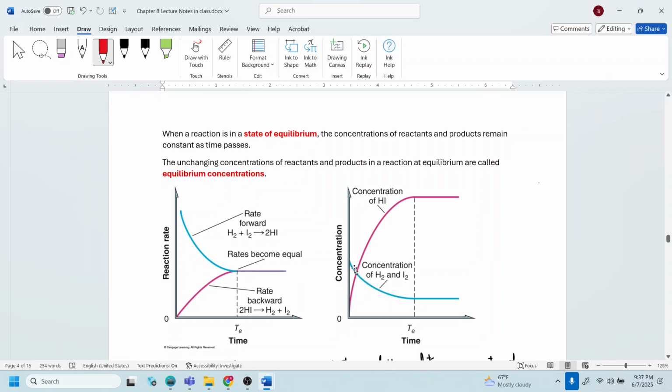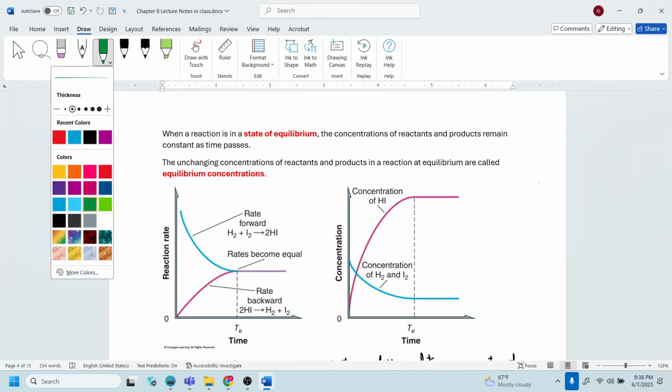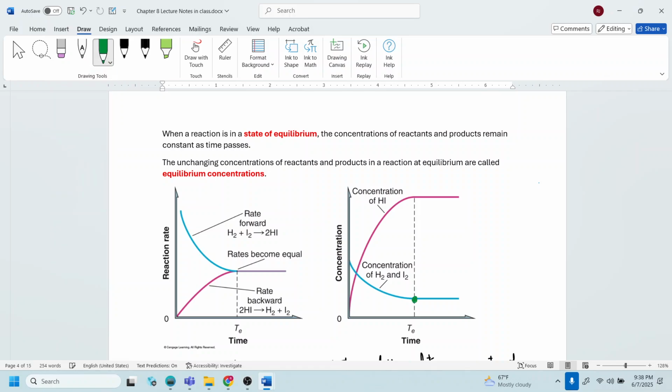This is my reactants, so it's showing that the concentration of the reactants is decreasing. And as the concentration of the reactants is decreasing, the concentration of the product is increasing. It will reach a time where the concentration of the reactants is going to remain constant.